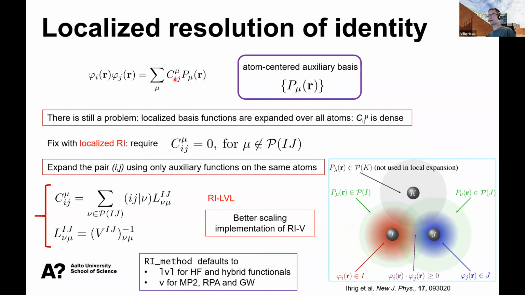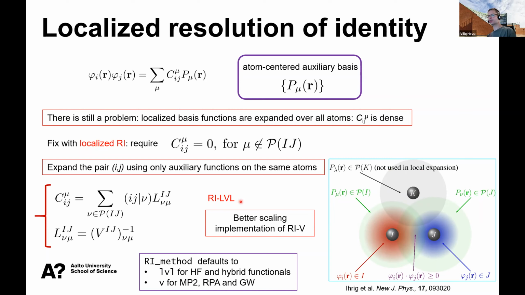Then in the expansion, you're allowed to use auxiliary basis functions from this atom and from this atom. But even if there is a K atom that actually has an auxiliary basis function that is non-zero where you would use it in the expansion, you don't use it. You use only the ones on these two.